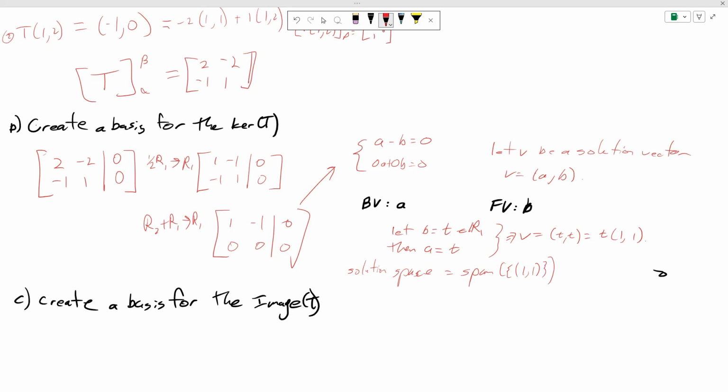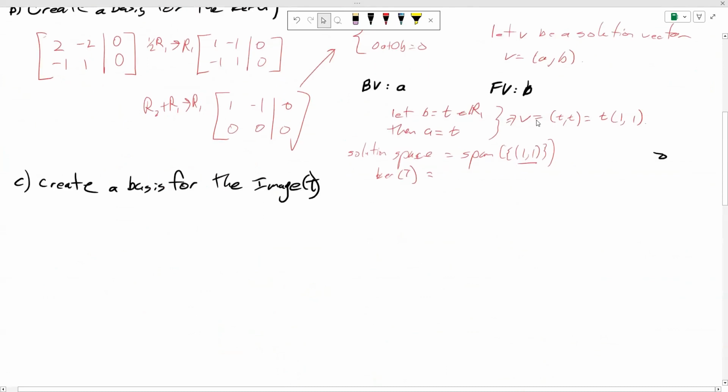Each of these vectors represents the null space, the kernel of T, but using the coordinate representation. So if I want to look at what the kernel of T is, I need to convert these vectors using the basis alpha.